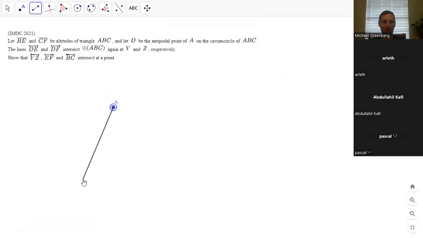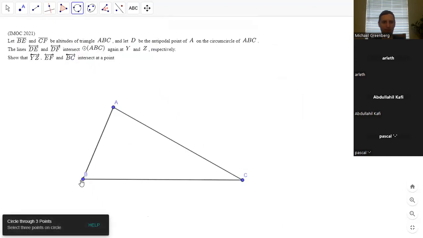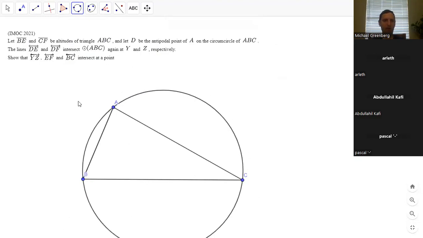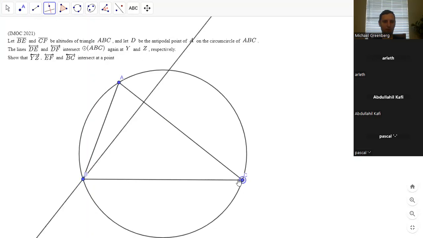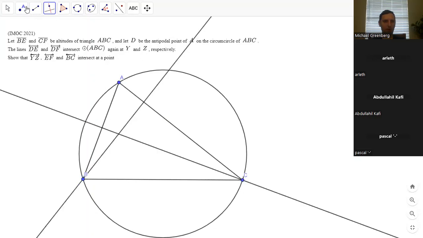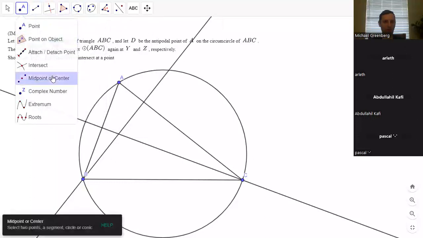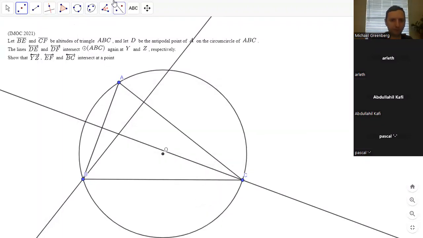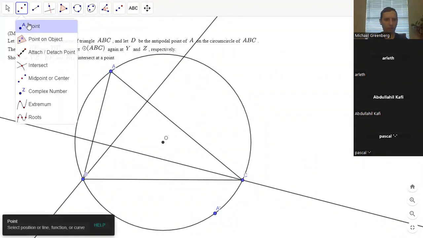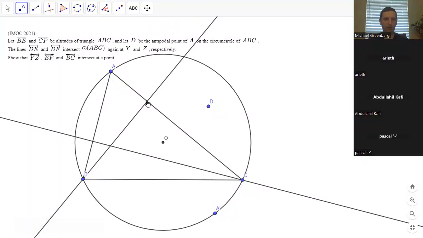So we have altitudes BE and CF, and then we draw the antipode of A. So A prime. So we have BE, CF.